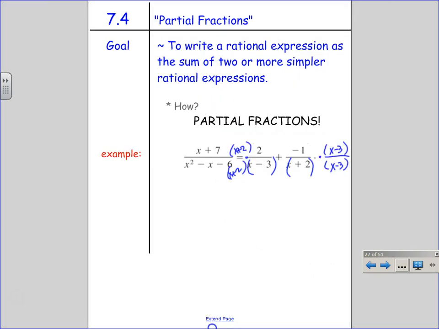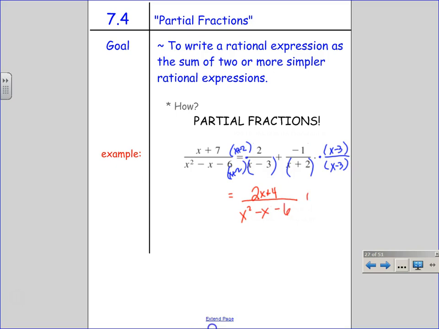Come on, smartboard. Do you agree with needing to distribute and getting 2x plus 4? Couldn't the bottom be FOILed out? I wonder if x squared minus 3x plus 2x, isn't that minus x? Negative 3 times 2 is negative 6.